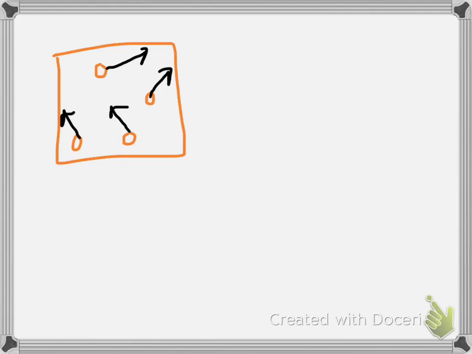Now if I take the same amount of gas and I put it in a smaller box, so I've decreased my volume, but I still have my 4 gas moles, and it's at the same temperature, so my gas is moving at the exact same speed, so the length of my arrows should be longer. I want you to notice that my gas is actually hitting the walls harder. There's less space.